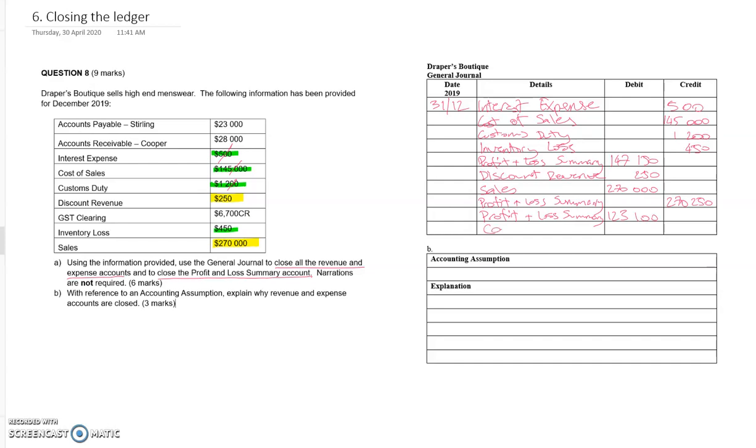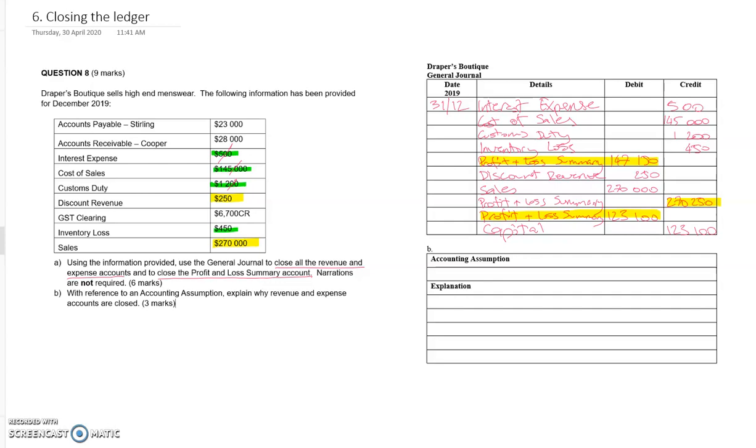And then we will take our profit to capital by crediting our capital account for 123,100. So if we were to have a look through the entries to our profit and loss summary, we've got debit and debit, and that will equal this credit here. So our profit and loss summary is also closed now.